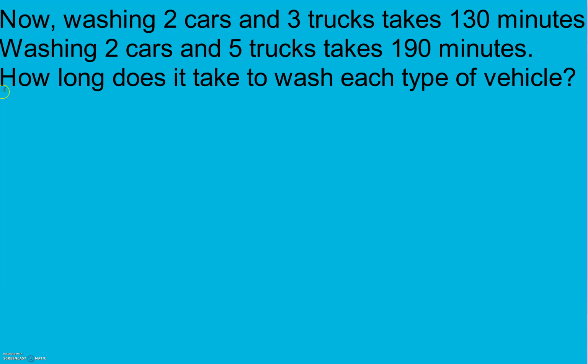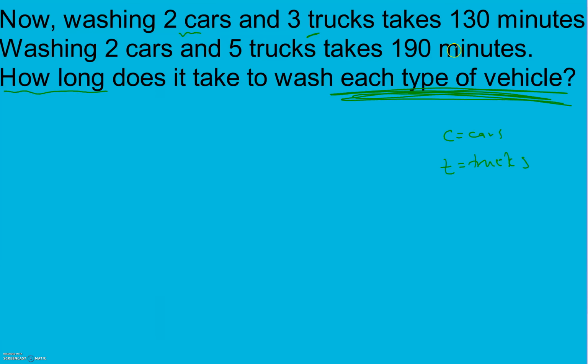So we're looking for how long, so we're looking for a time for each type of vehicle, which means we're looking at both types. Here I have cars, C, and trucks, T. And we're comparing time.